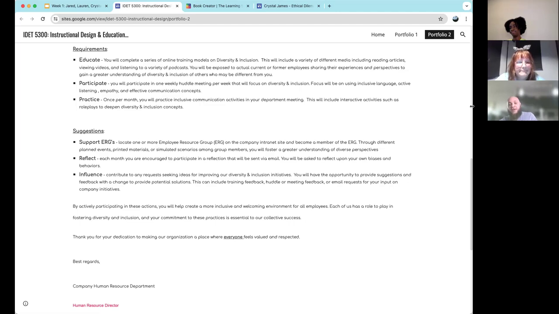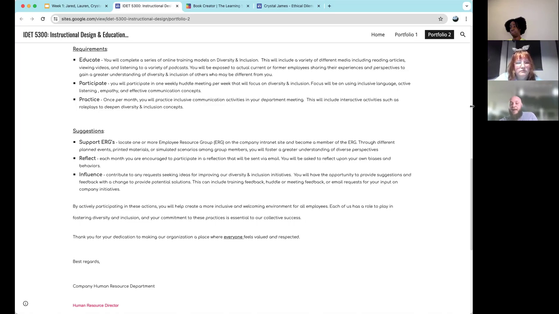understanding of diverse perspectives. And then to reflect, they're going to be encouraged to participate in reflections that will be sent out via email. And employees will be asked to reflect upon their own biases and behaviors. And then influences, they will be asked to contribute to any request seeking any ideas for improving the company's diversity and inclusion initiatives.